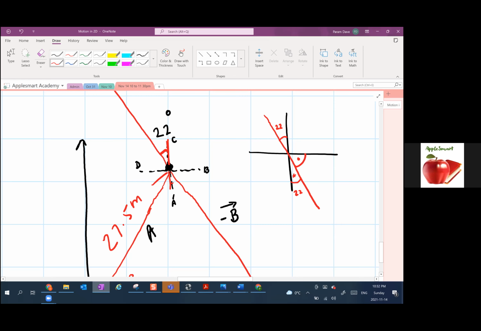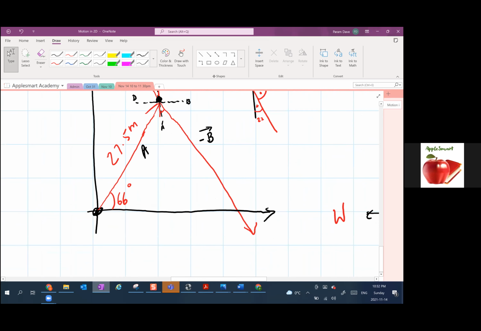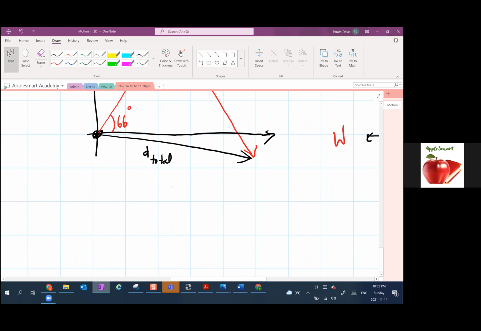So this angle we know is 22 degrees, right? Okay, and so now what you would have to do is go from here to here. That's going to be your resultant or the total displacement. So you would measure with a ruler to find the magnitude, whatever that is.